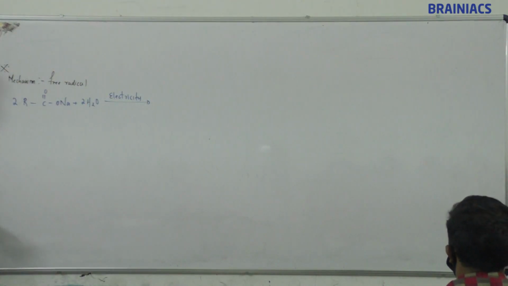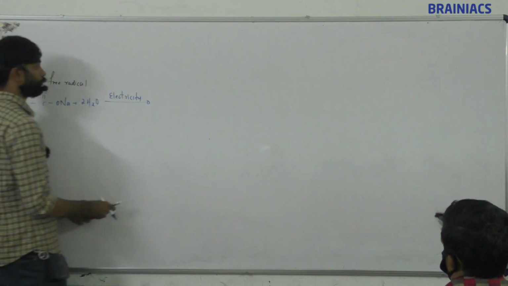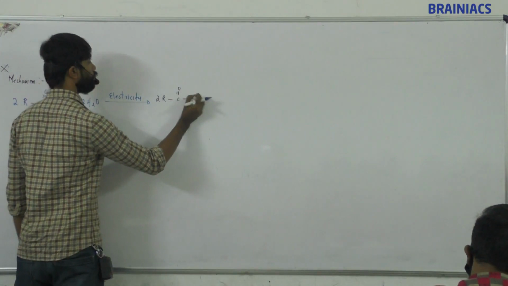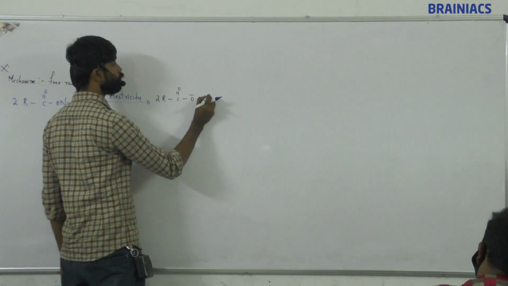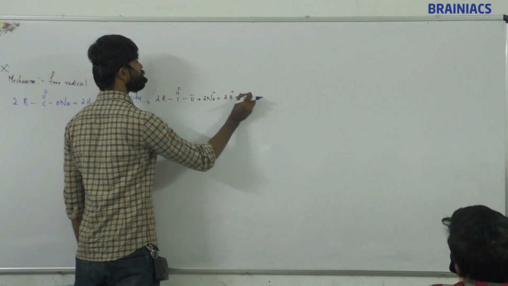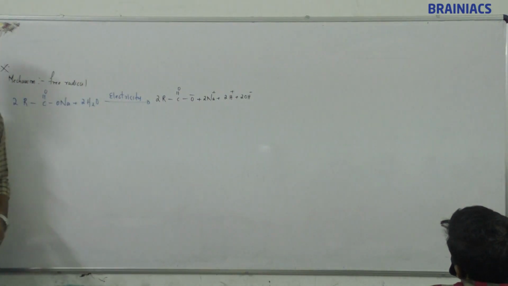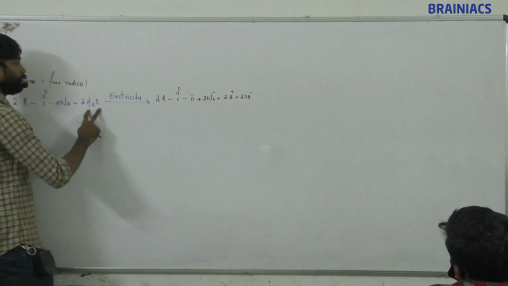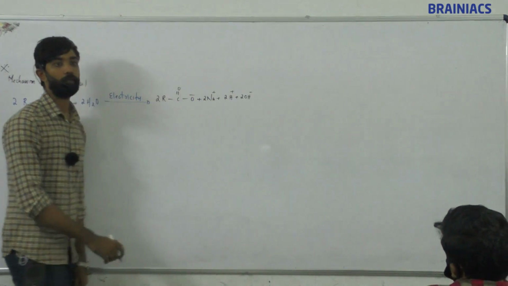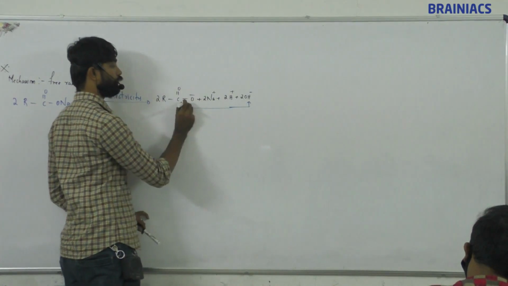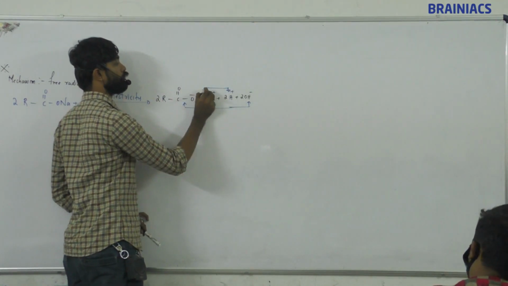So when electricity is passed, the salt decomposes into 2RCOO minus plus 2Na plus, and the water as 2H plus plus 2OH minus. Okay, this dissociated like this. So we have two anions here and two cations.